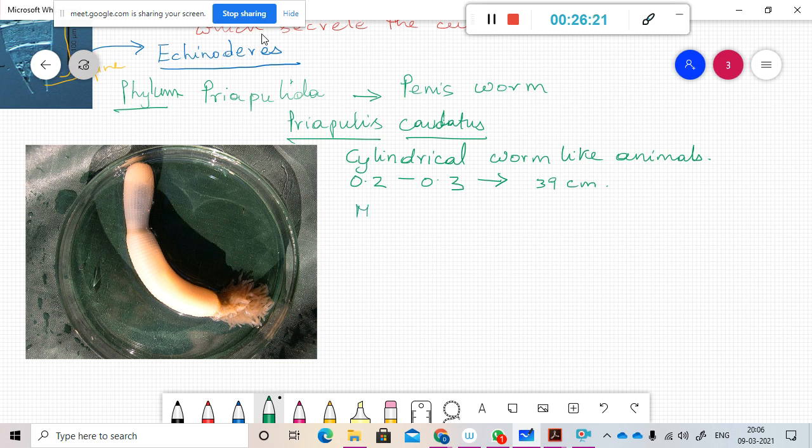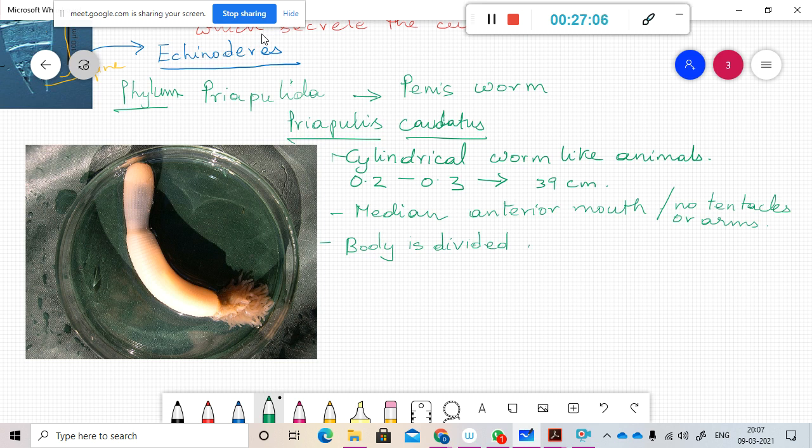They have a median anterior mouth. No tentacles or arms present. Body divided into main trunk.